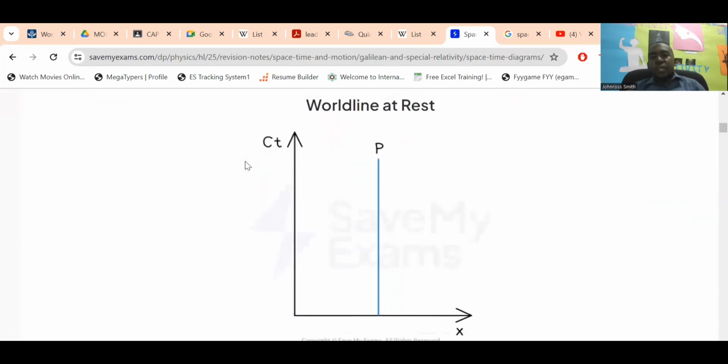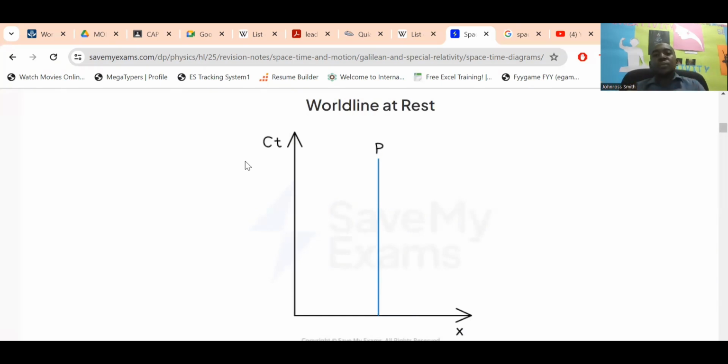All right. Now, if our world line is a vertical line, then that means this object in this reference frame is at rest. So therefore, we notice that the position is not changing, which is x, right? So in space, there is no change in space.